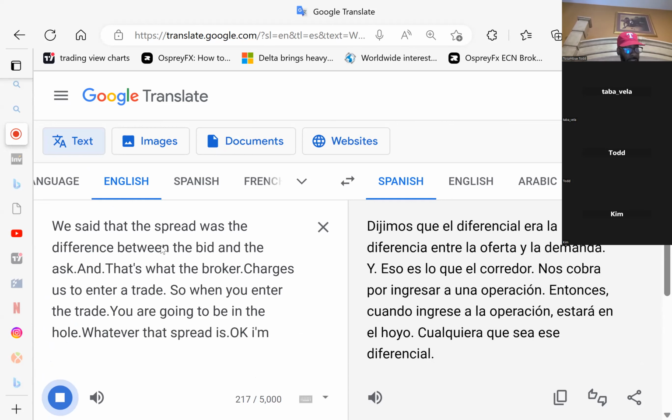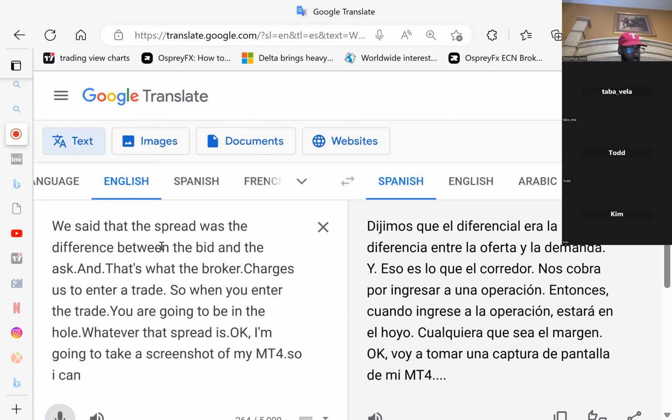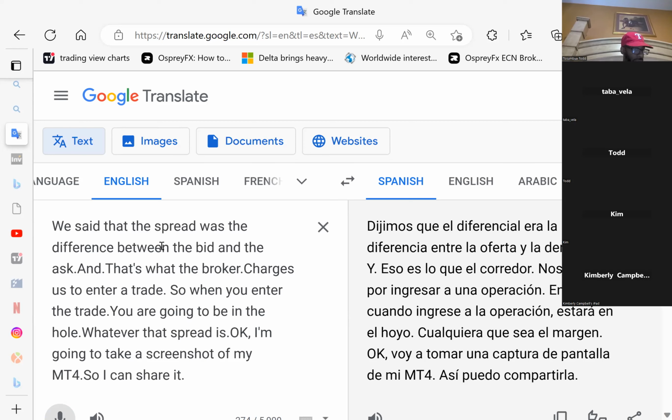Okay, I'm going to take a screenshot of my MT4 so I can share it with the group. And it will show the spreads real time right now, which is about to close the market here. I think I ran over time.